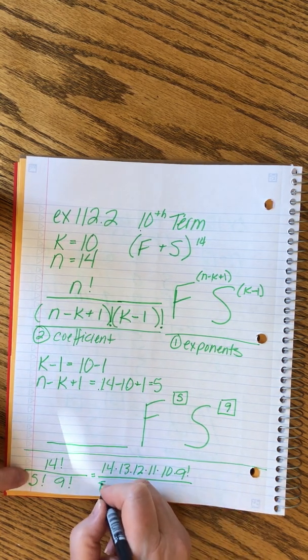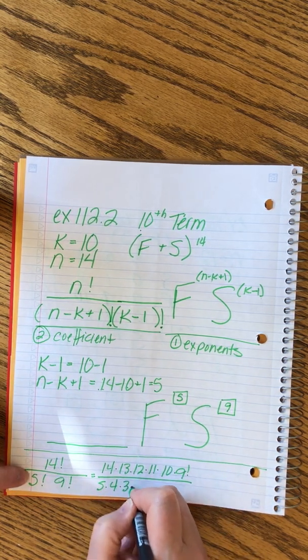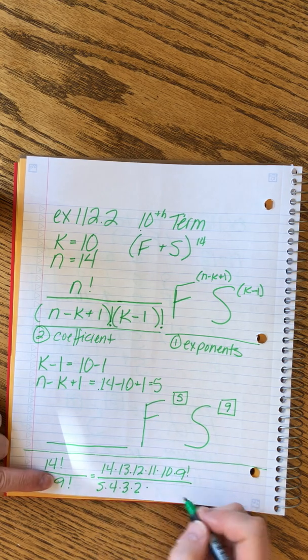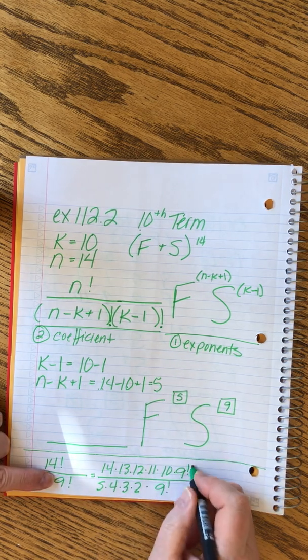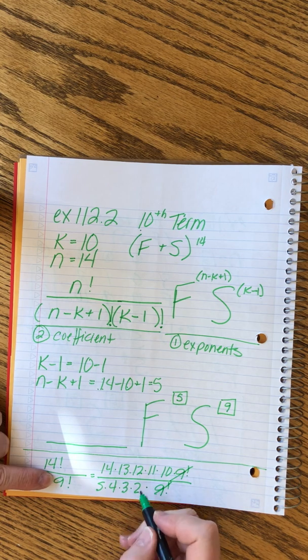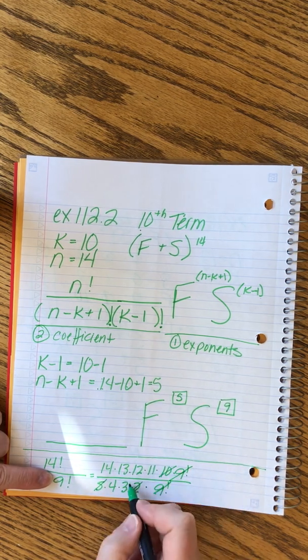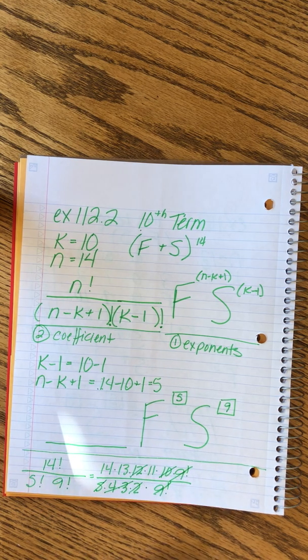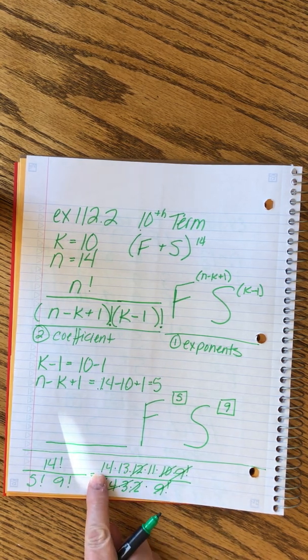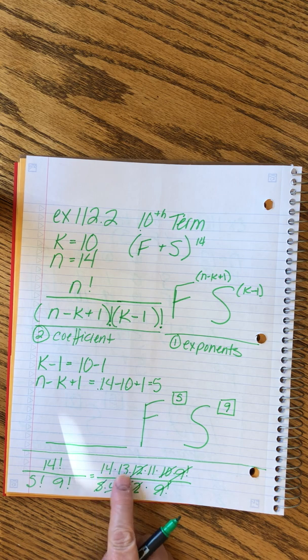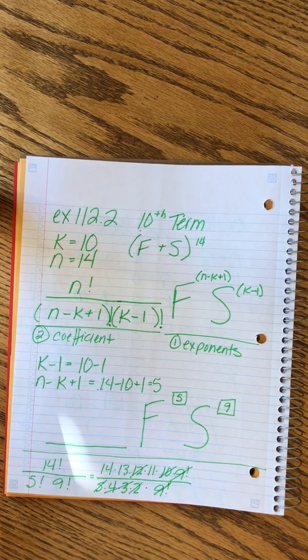I'll write out the 5s. 5 times 4 times 3 times 2 times, I don't need the 1, 9 factorial. These cancel. Let's see, I'll do the 5 and the 2 against the 10 and the 4 and the 3 against the 12. Now I just have to multiply together 14 times 13 times 11.